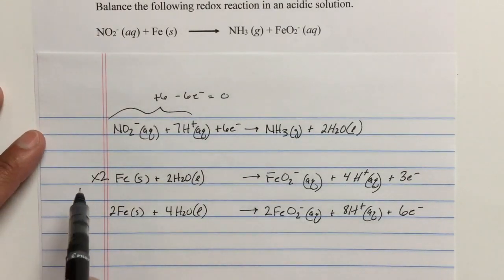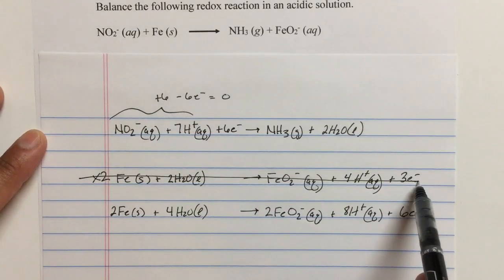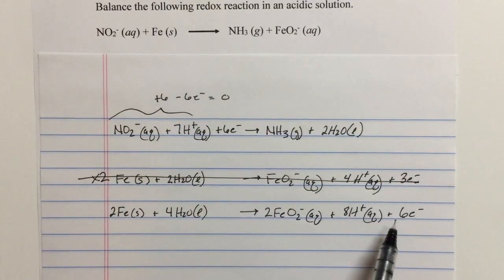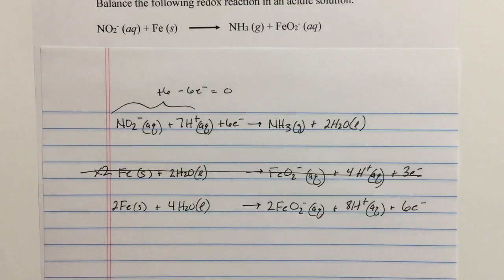So now, if you forgive me, let me cross that out. So don't look at that. So now we have this part here, the balanced equation that has us balance the electrons.